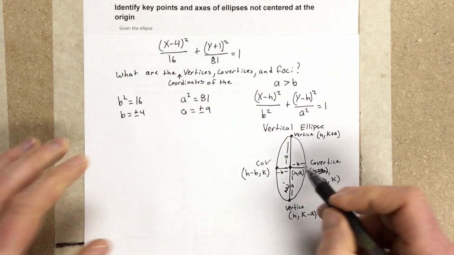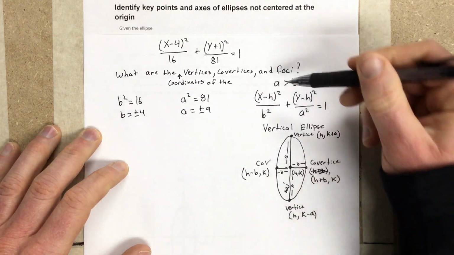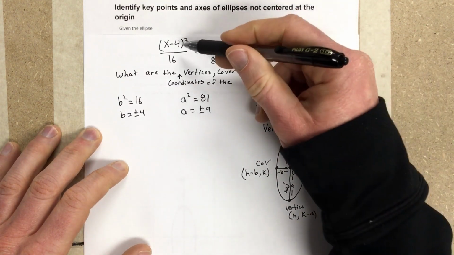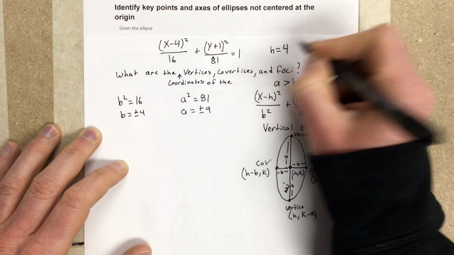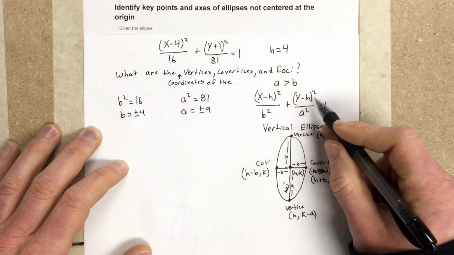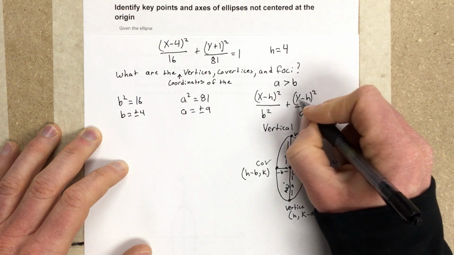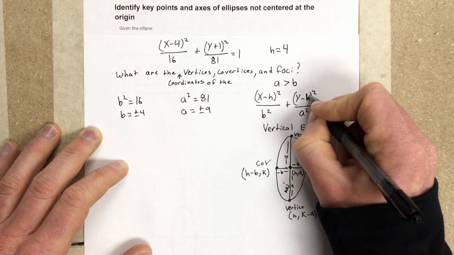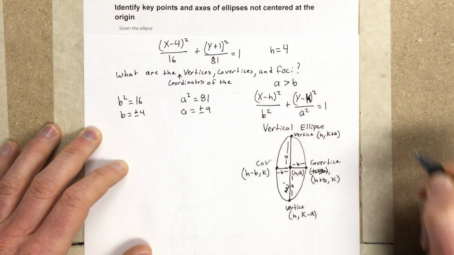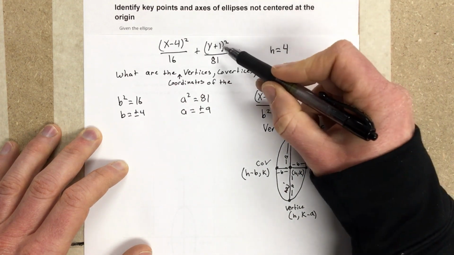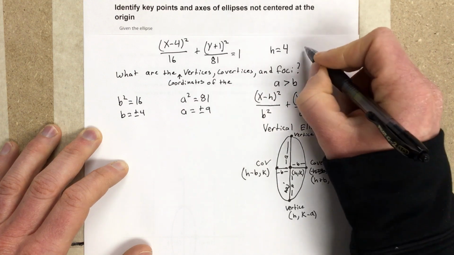Let's go back to what h and k were. h is a positive 4. k is, I never wrote k here; I wrote y minus h again. That should be y minus k. So k is negative 1.